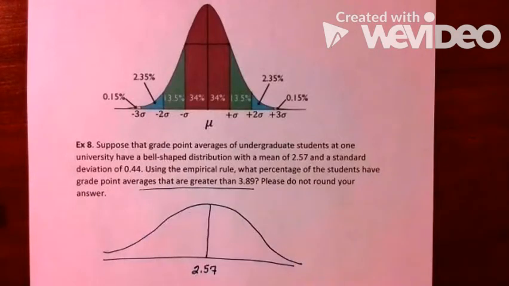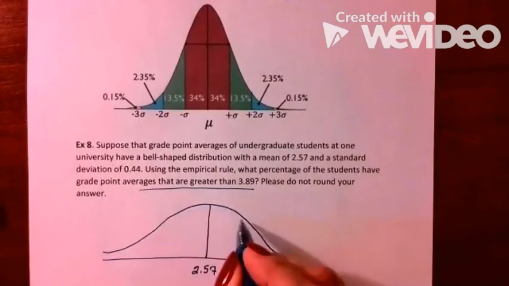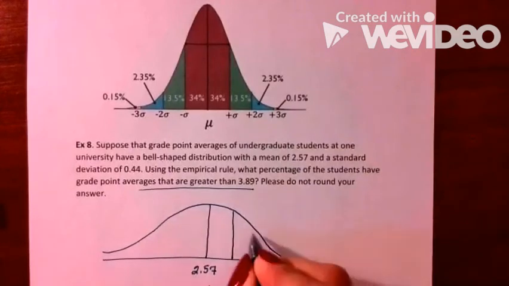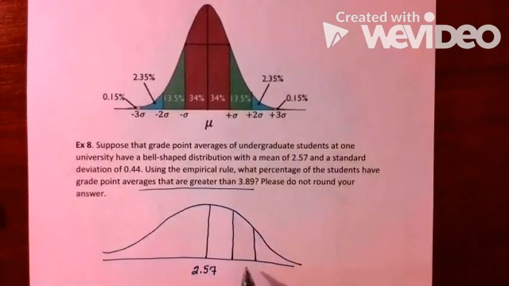So I only need to add the standard deviation until I get to the value of 3.89. 2.57 plus 0.44 gives me 3.01. Adding 0.44 again gives me 3.45. And adding it again gives me 3.89.